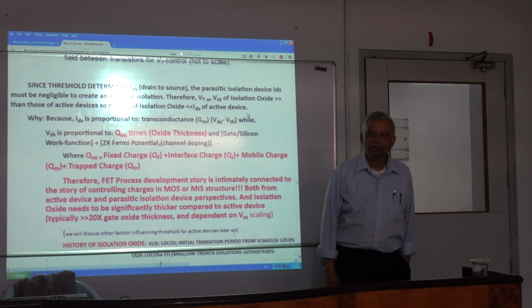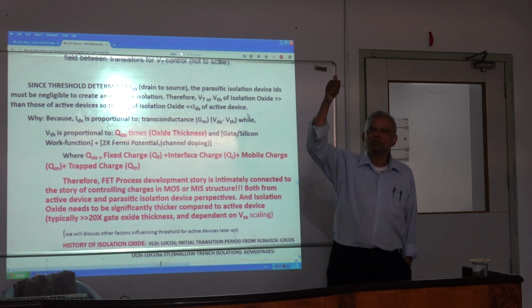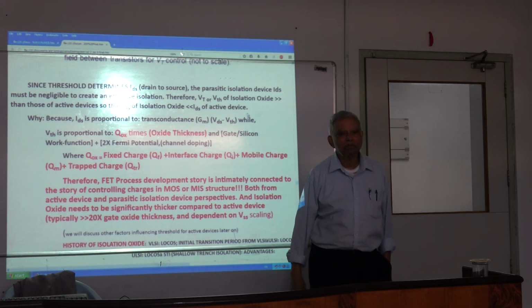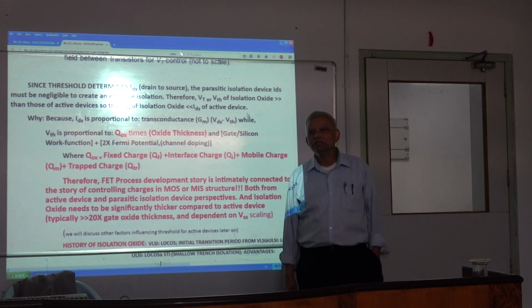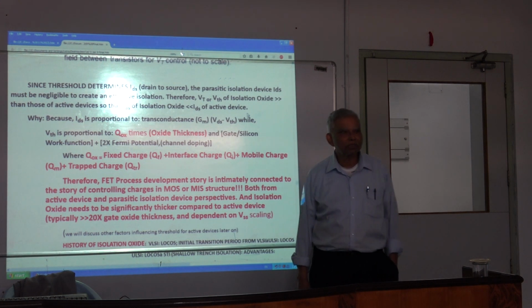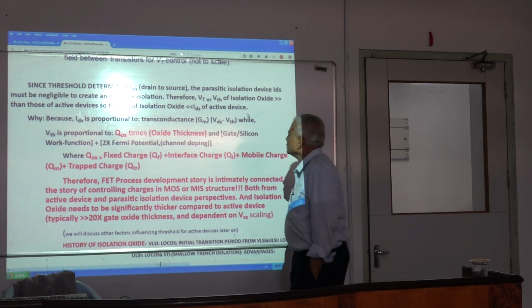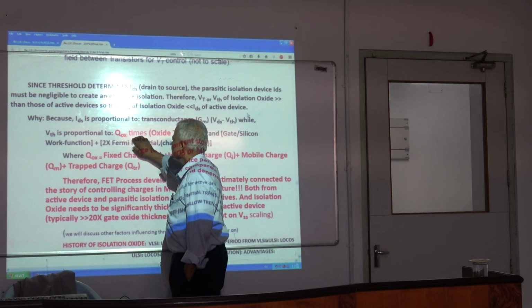And the reason you do that is because you want that isolation to be truly isolation. There will be zero leakage. There's no such thing as zero, so it will be very, very small. Negligibly small, so you can design your circuits without any problem. Right? So that's the importance.